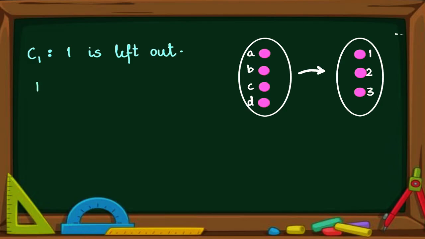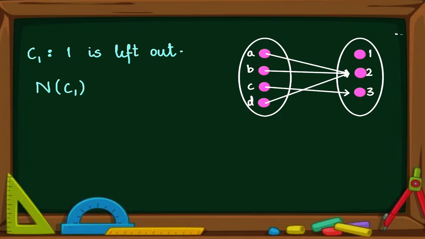What do you think is n of C₁ then? N of C₁ simply is the function never maps anything from the domain to 1, which means it can map to 2 or 3. So n of C₁ is the same as asking the question: how many functions are there from 4 elements to 2 elements, 2 and 3?